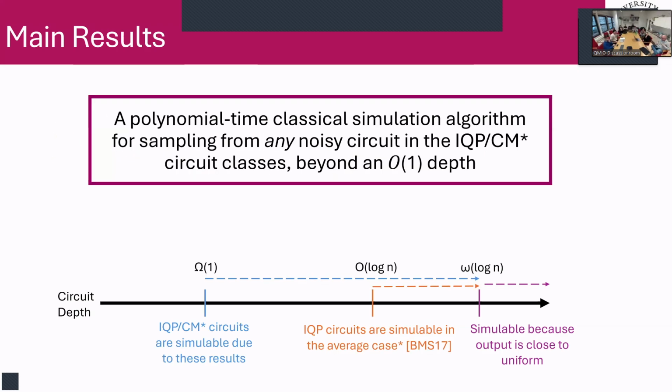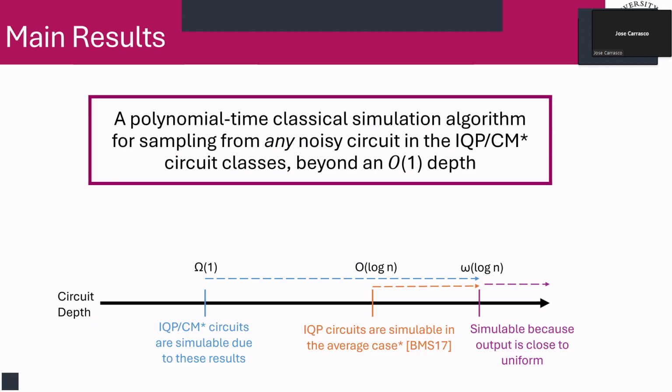Sorry, can I ask a question? Are your new results for any circuit or in the average case as well? It's for any circuit, so that's why we were able to rule out the worst-case circuit. I see. So it's really much better, or at least better, even in the region where they overlap.